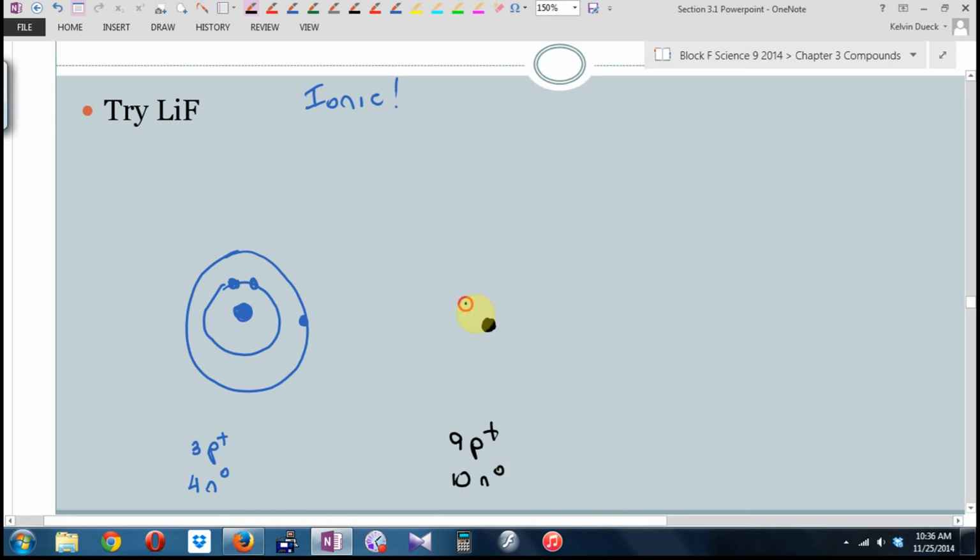So there's going to be an inner shell, 1, 2. And there's going to be an outer shell of how many in its outer shell normally? 7. So I'm going to go 1, 2, 3, 4, yeah, draw this outer 5, 6, 7.